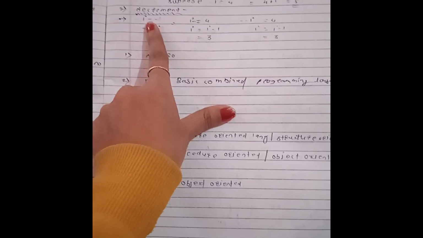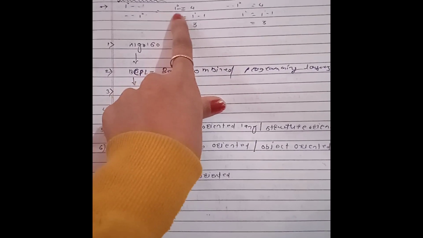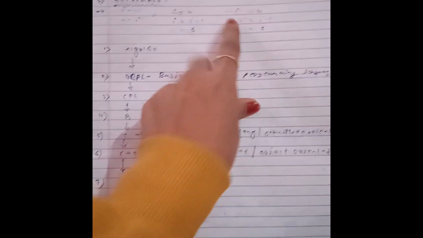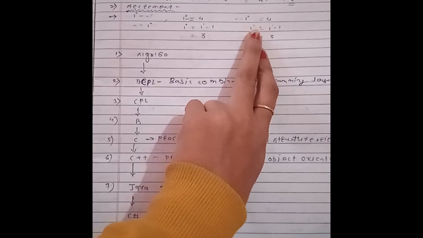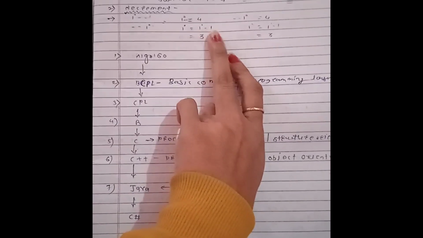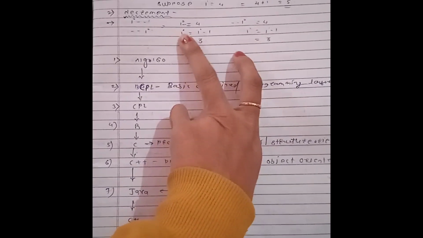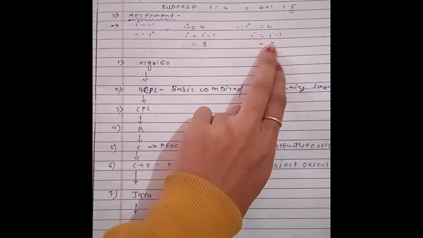When we use the decrement operator, i minus minus or minus minus i, both are the same. It will decrement by 1, so i minus 1 is 3. Minus minus i or i minus minus, both are the same thing. These are the unary operators.